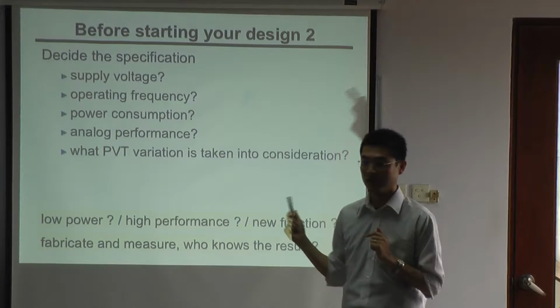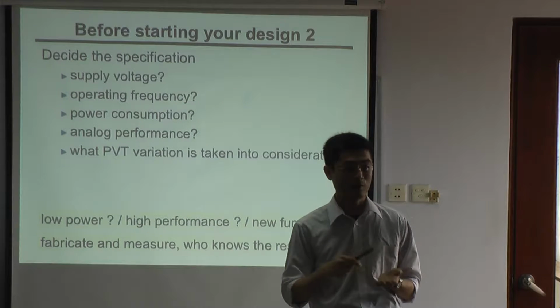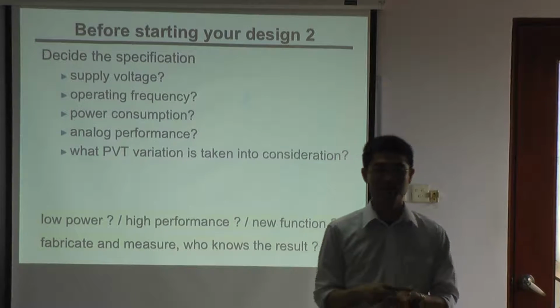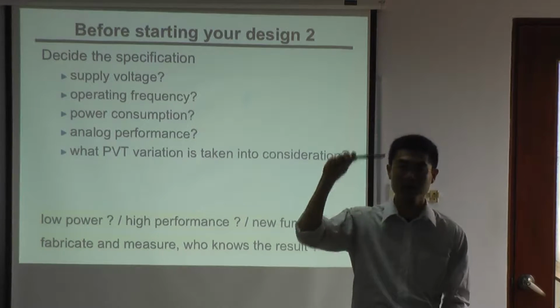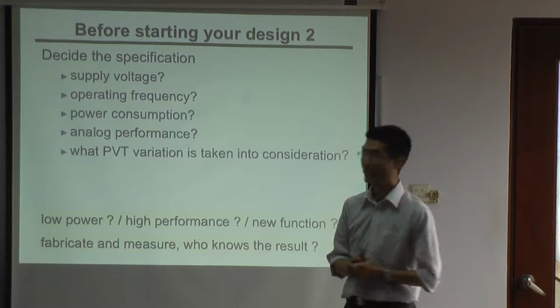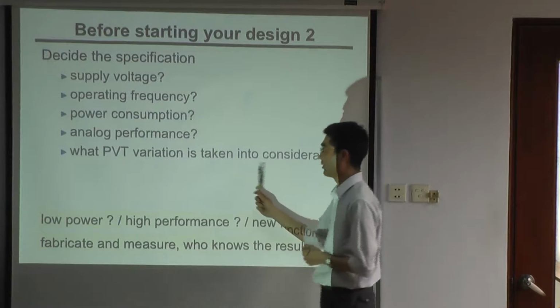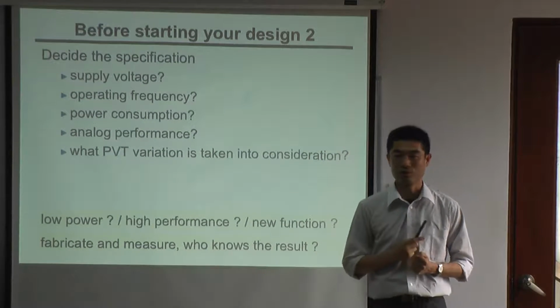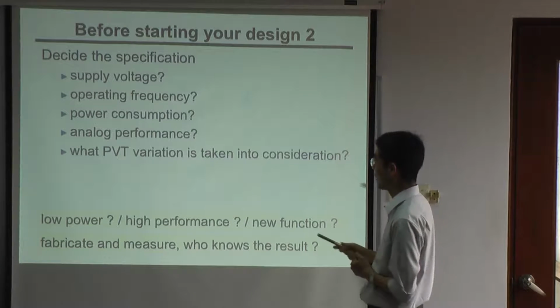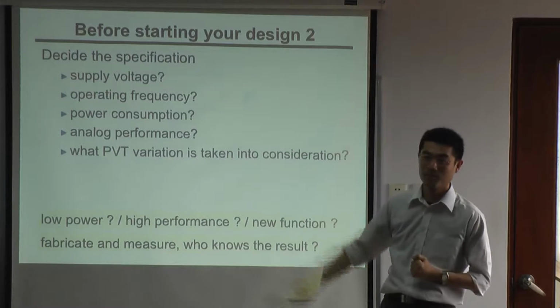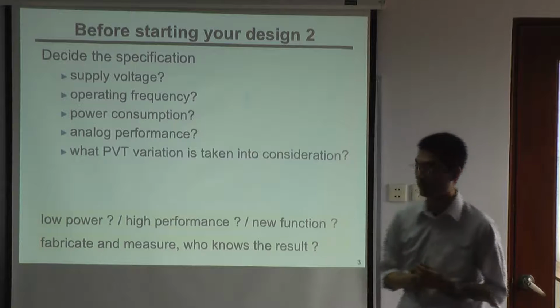Or what are the temperature variations? Is it from 0 to 80 degrees or minus 25 to plus 125? So what kind of PVT variations should be taken into consideration? We have to decide this before starting the design.